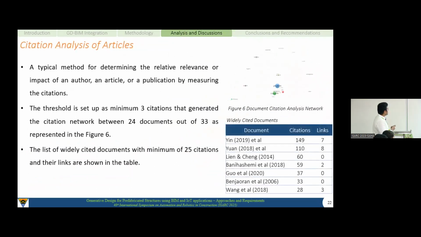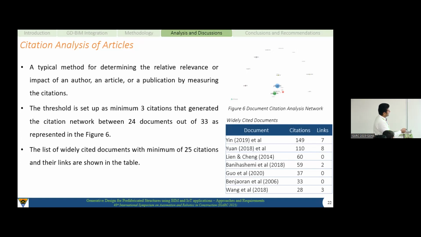Coming to the citation analysis of articles, it's a method for determining the relative relevance or impact of an author, an article, or a publication by measuring citations. The threshold is set as 3, and we generated 24 documents out of 33, which is represented here. The list of widely cited documents with a minimum of 25 citations and their links are listed here.